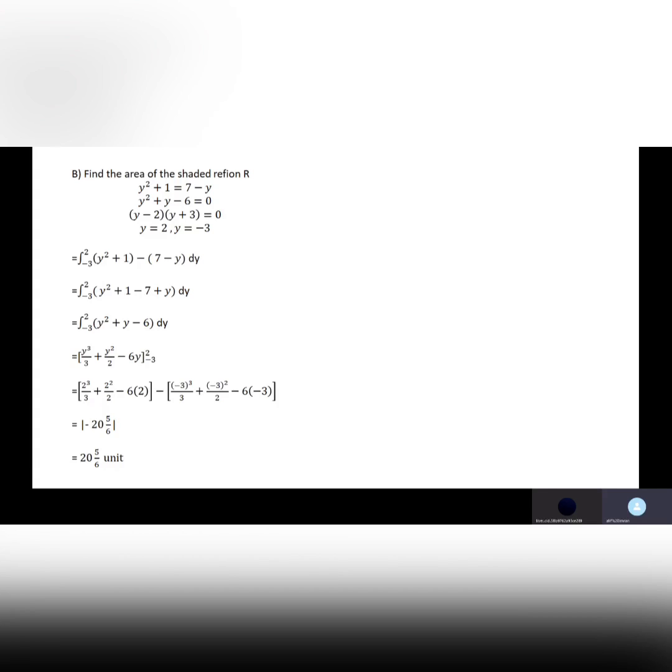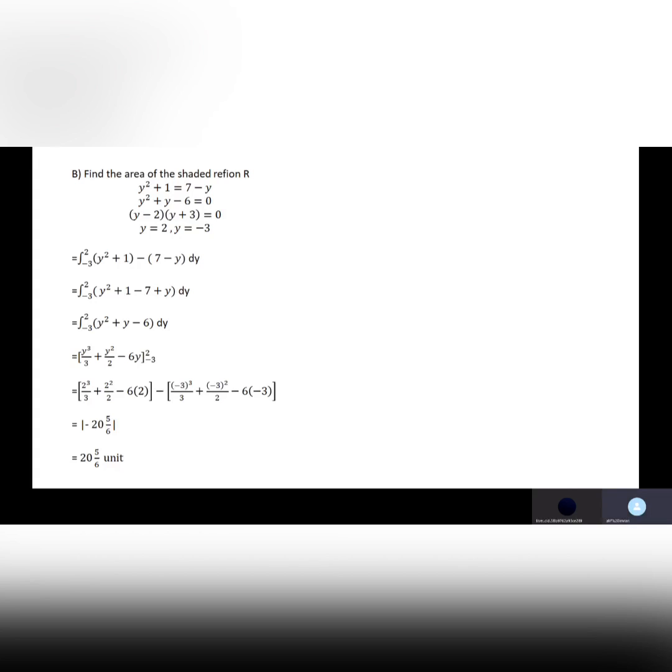When we solve the equation, we get a negative. In area, we don't get a negative answer. It must be positive. No area has a decrease. We are searching for the area, so when we get a negative answer, it must be made positive.